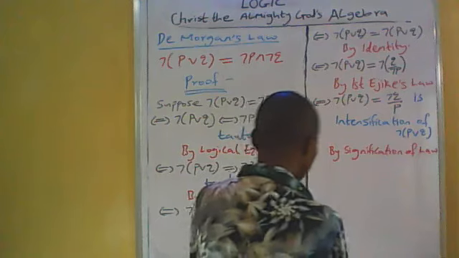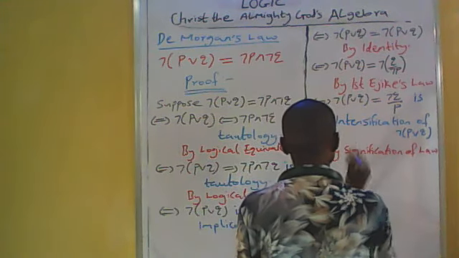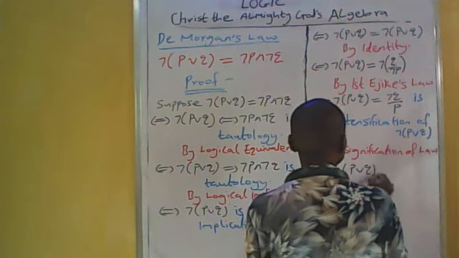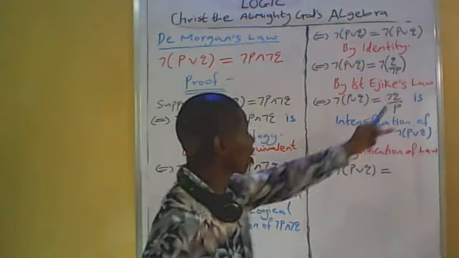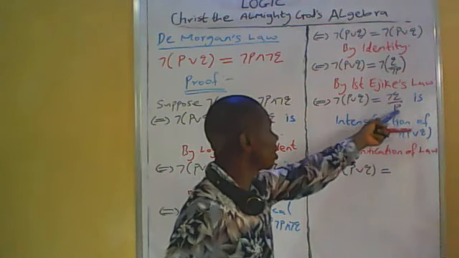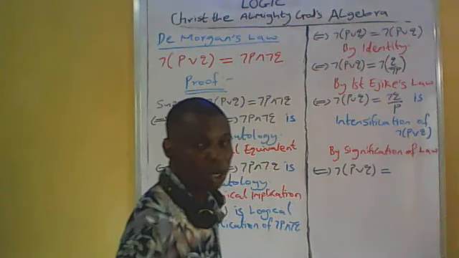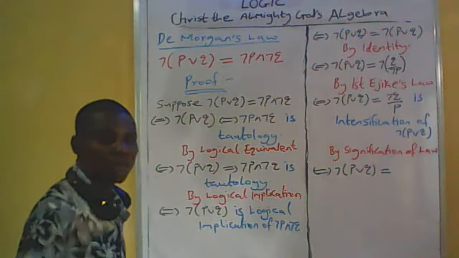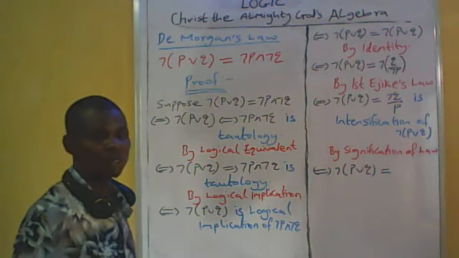Now I say if and only if not (P or Q) is equal to, now I want to reverse this conditional statement, that is not P upon not Q upon not P. You want to reverse it to a conjunctive statement.